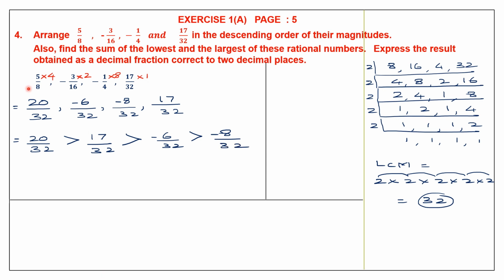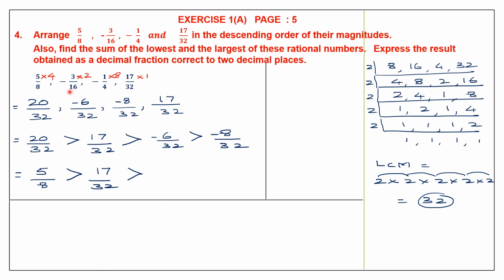Now we have to go back to the question and arrange these in order based on the answers that we got. 20 by 32 is 5 by 8, which is given to us in the question. So we write 5 by 8 is greater than 17 by 32, and this is greater than negative 6 by 32.